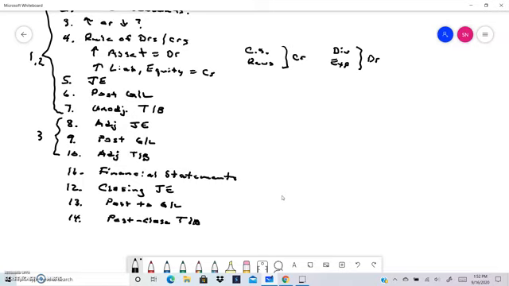Of course, most of this is done inside the computer, and a lot of it's driven off of sales invoicing, purchasing invoicing, payroll accounting, things like that. So a lot of it feeds into the overall accounting system from other systems. But there still is someone who, there could be a fixed asset system that calculates depreciation.